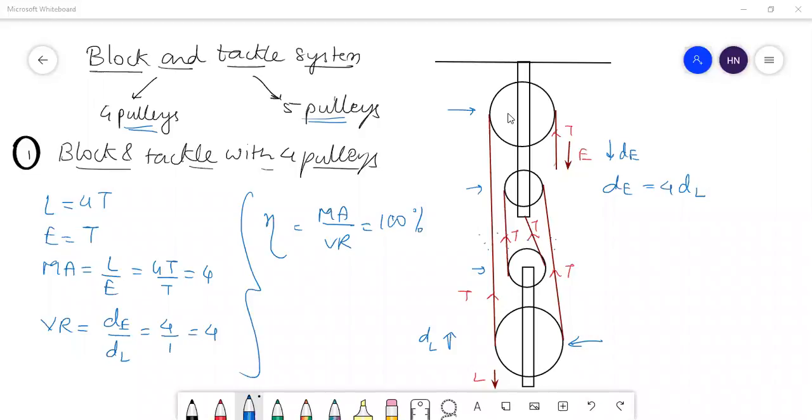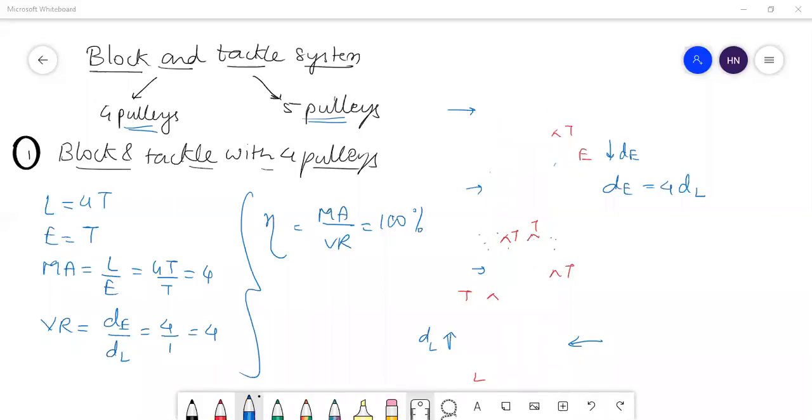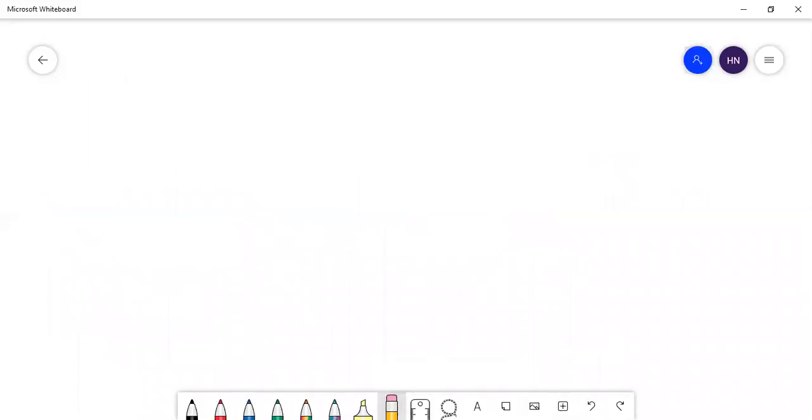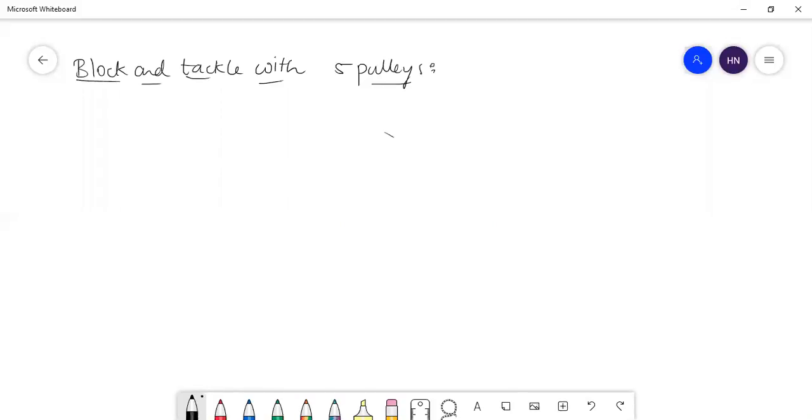I'll just check out the 5 pulleys. How will it exactly look? Now with 5 pulleys, we should get mechanical advantage and velocity ratio, both values as 5.